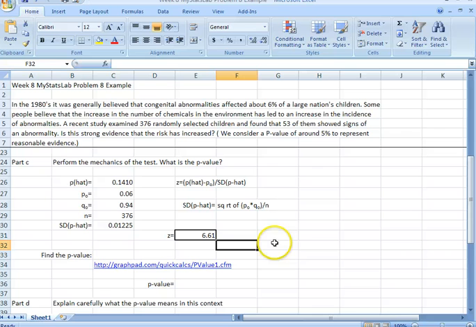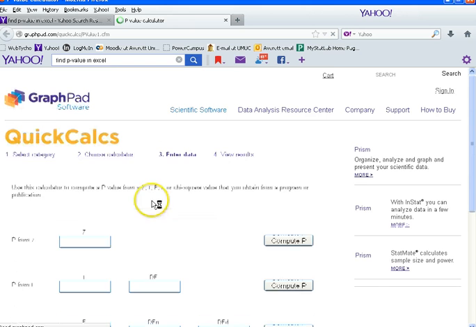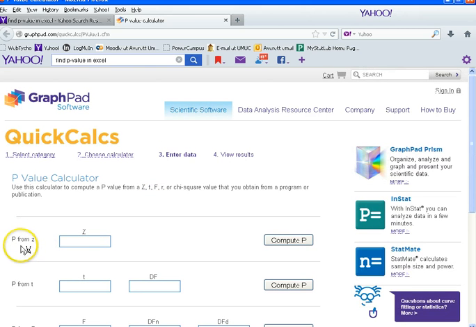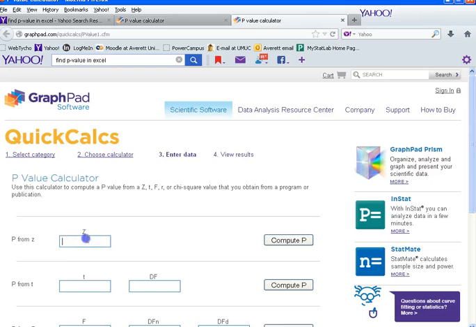I'm going to do this a couple of ways. The first way I found is a neat little website which I have copied and pasted here. Let's go to the website, and here we choose 2p from z, with 6.61 as our z.